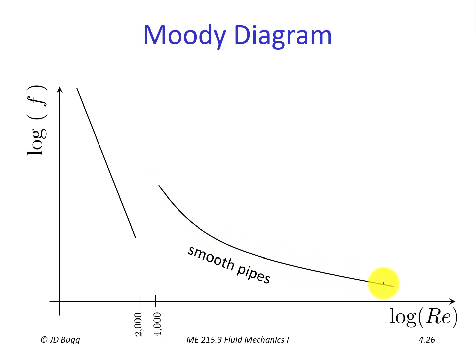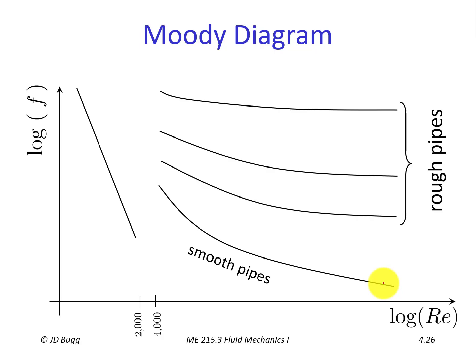Now, as we look at higher and higher values of roughness, we will see a whole family of curves on the Moody diagram for rough pipes. Now, again, these lines are sloped and a similar shape to smooth pipes, but the difference is these lines for rough pipes flatten out. So if the Reynolds number is high enough, they become horizontal lines.